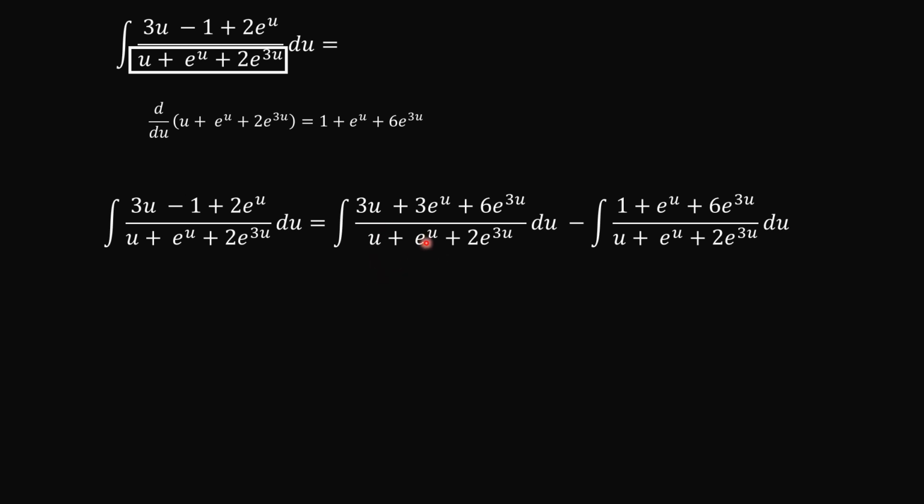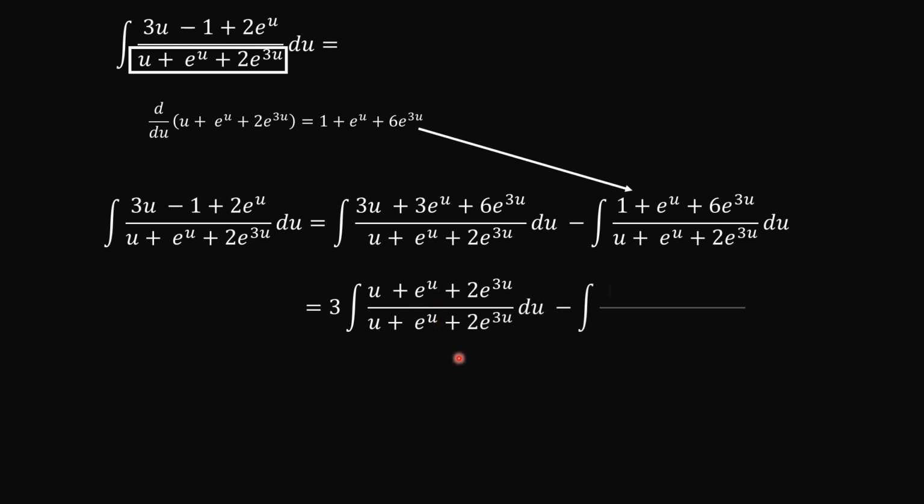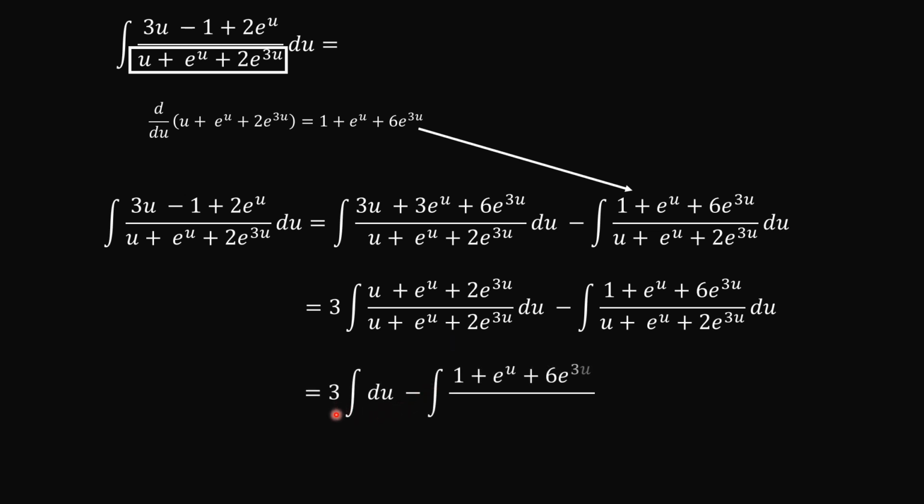Now let's play around with what we've created here. When we pull out the 3 constant, we see that the numerator and the denominator are the same, so essentially they would cancel out, and our function now becomes 3 times the integral of 1, minus the integral of (1 plus e to the power u plus 6 times e to the power 3u) over (u plus e to the power u plus 2 times e to the power 3u).